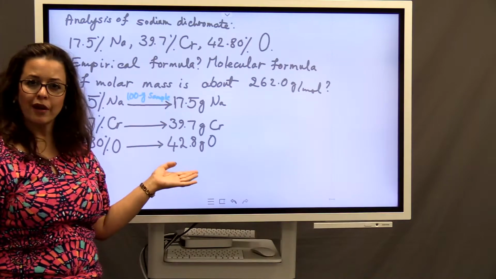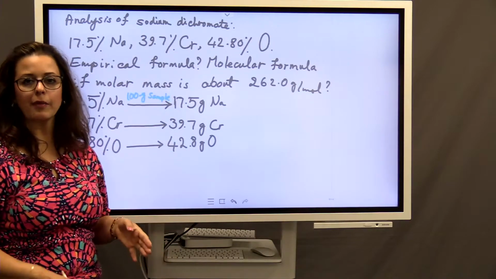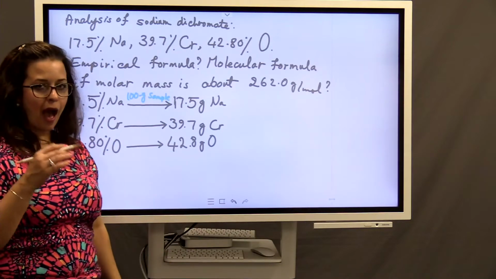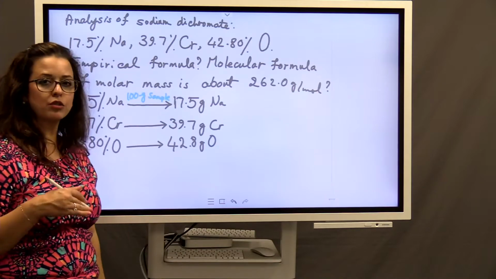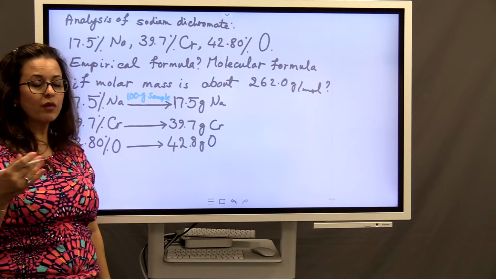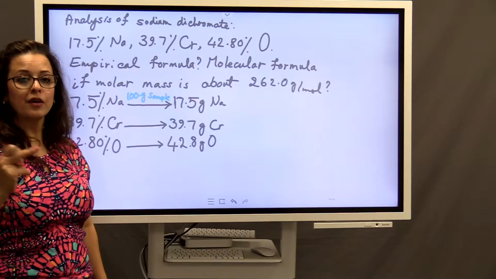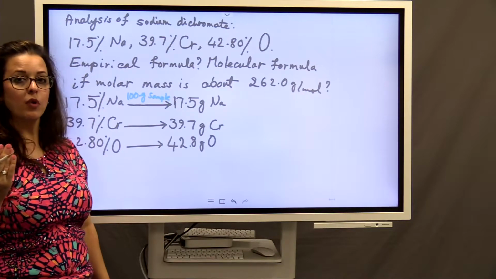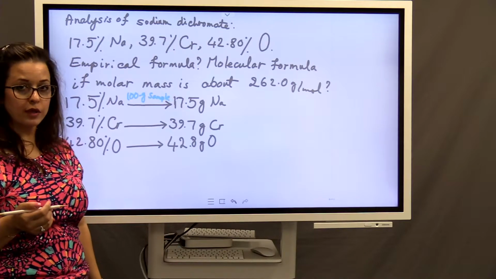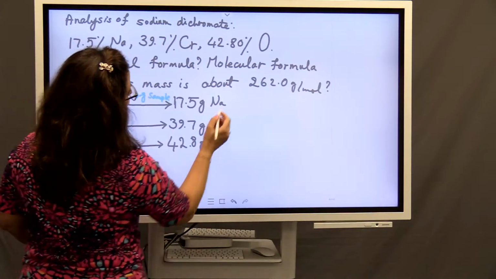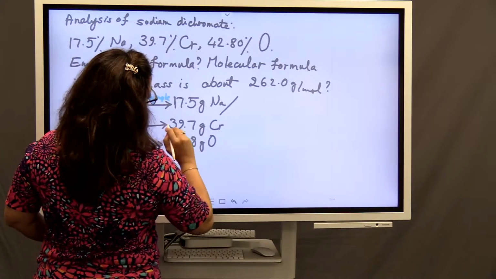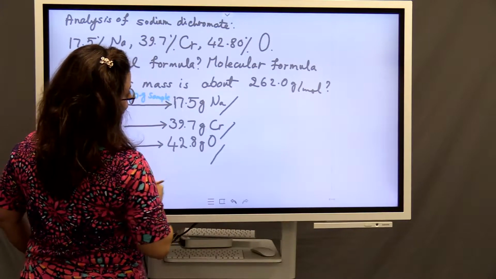But what you see here, you still see something else. It's mass. How do you change the mass to mole? In the previous video, the very first type of calculations, you remember the relation between mass and mole is done by using molar mass. So you divide all of these atoms by their molar masses.